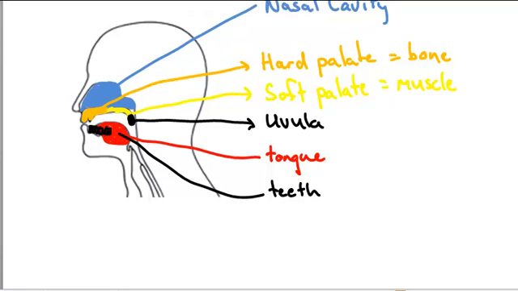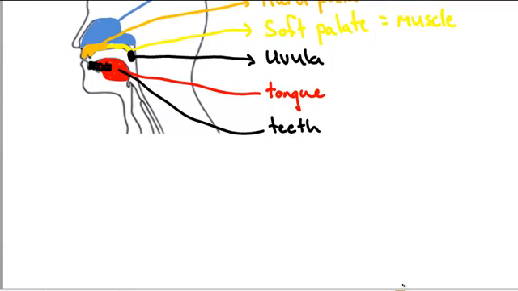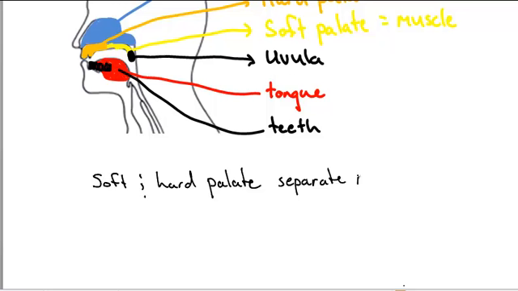So if we look at the functions now that we see what's what labeled here, we have our soft and hard palate, which separate nasal and oral cavities.